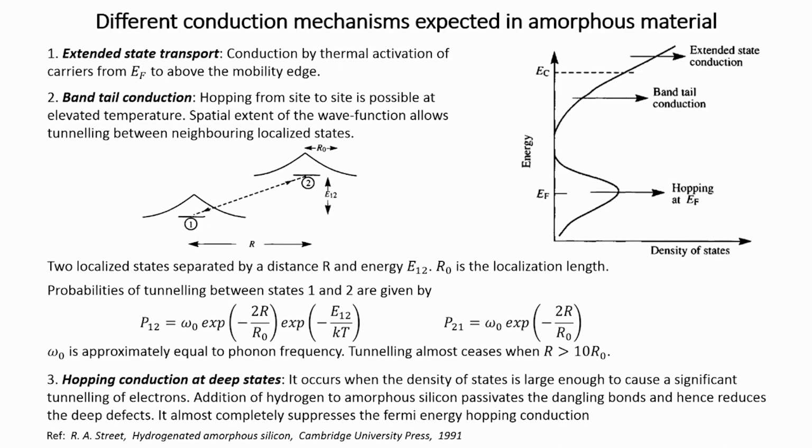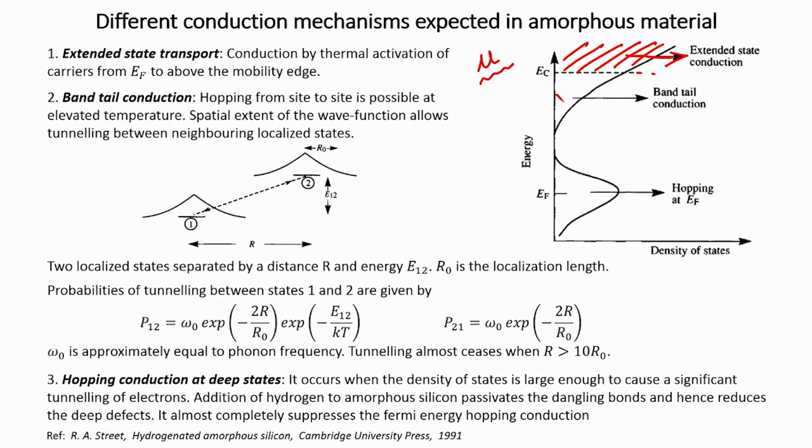So, to summarize the different conduction mechanisms in an amorphous material, all the carriers that sit above the conduction band edge are said to be sitting in the extended states, and these electrons are available for conduction. You can define a certain mobility for these carriers, and define their transport in a manner similar to what was defined for crystalline materials.